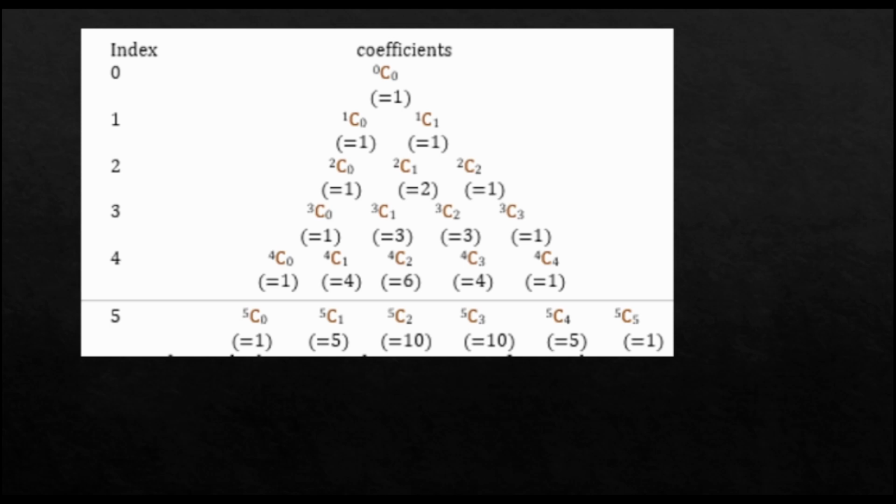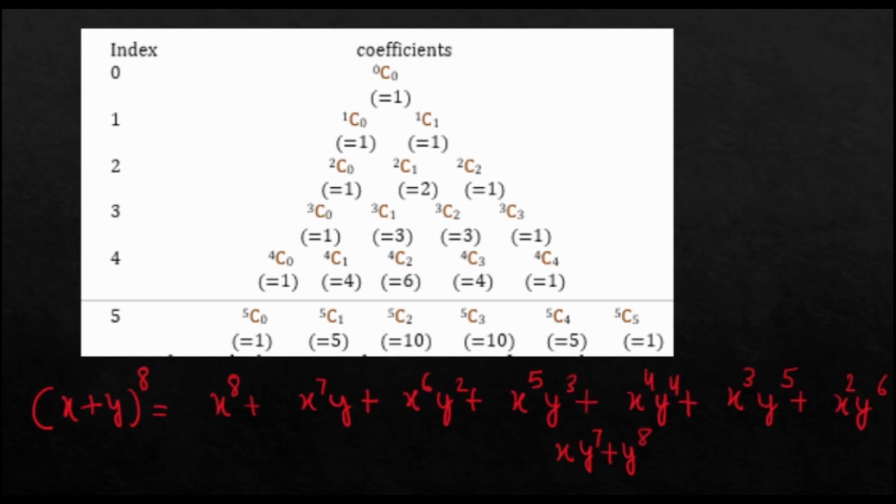How? Let's see. If I write the binomial expression x plus y with index 8, again x decreasing and y increasing, first I will write this. Now we write the coefficients for the expansion. The index is 8, C, and r is 0: 8C0, 8C1, 8C2, up to 8C8.